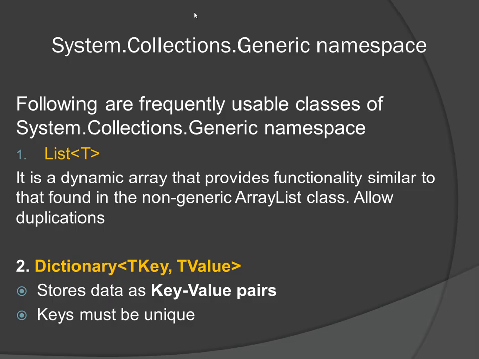Now I am going back to the previous slide. What is a List? List is a class present in the System.Collections.Generic namespace. List implements a dynamic array. Dynamic means depending on requirement, we can increment or decrement the size of the array, so that's why it is named dynamic.